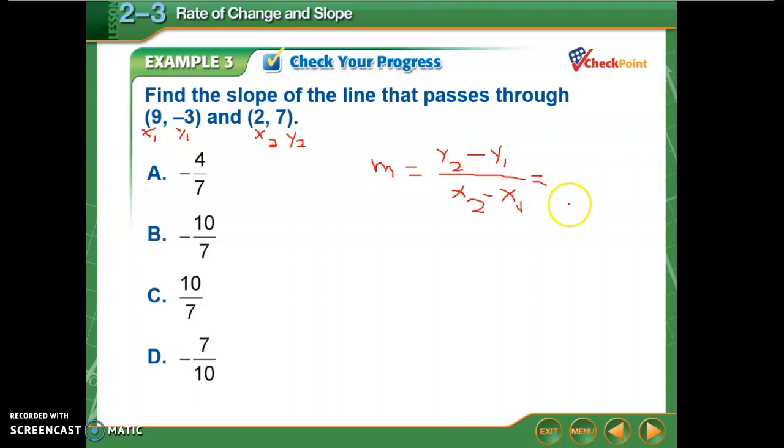All right, plug in. So 7 minus -3 all over 2 minus 9. All right, what do you get? Double sign that will turn into a plus. So that gives you 10 over 2 minus 9. That gives you -7. So 10 over -7.